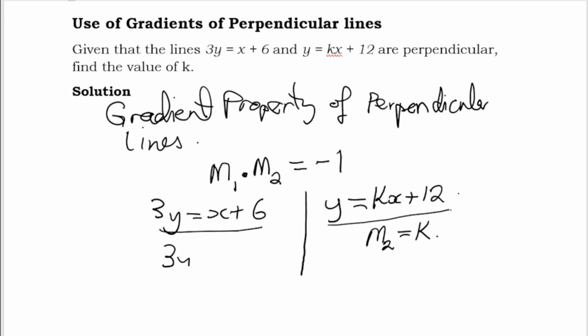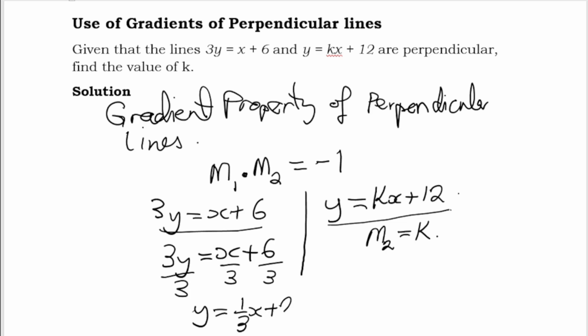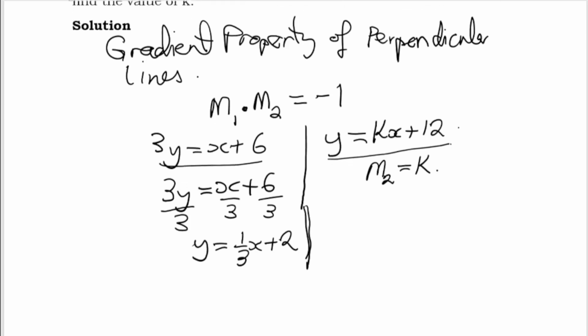We say 3y is equal to x plus 6. Then we divide both sides by 3, and so we get y is equal to 1 over 3 x plus 2. It's also now in standard form.